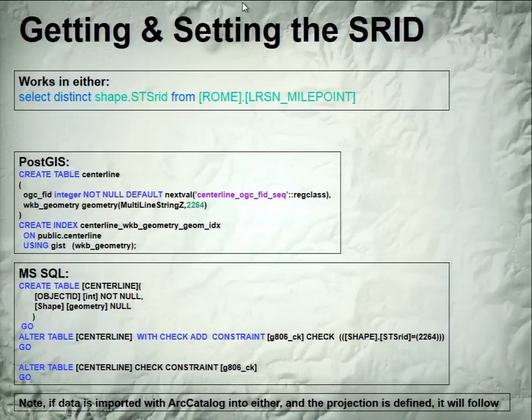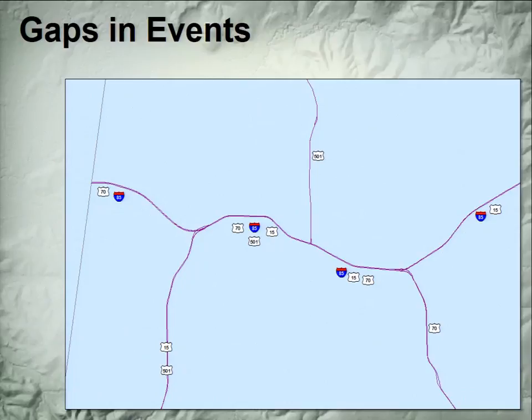So a project I got to work on at DOT was looking at gaps in events. These are 4 routes in Durham.